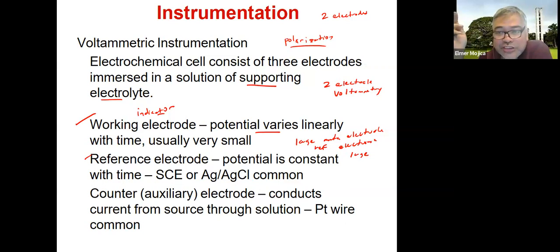In the two-electrode system that you have, the second electrode should function as both the reference and the counter electrode.